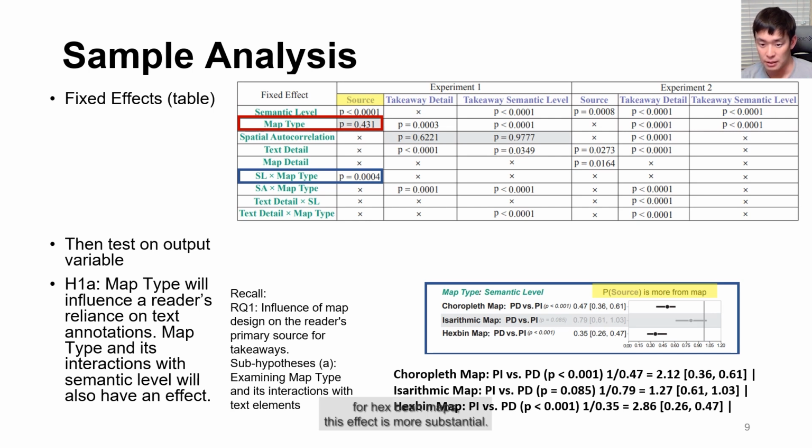For hexbin maps, this effect is more substantial. Readers are 2.86 times more likely to rely more on the map when they are provided with perceiver-independent annotations compared to perceiver-dependent annotations, with this result being statistically significant at p less than 0.001.